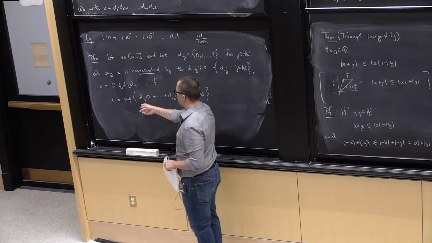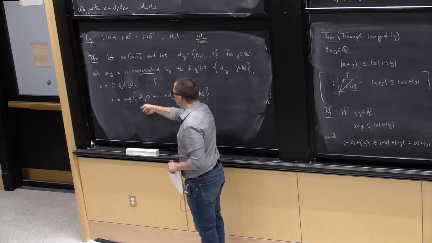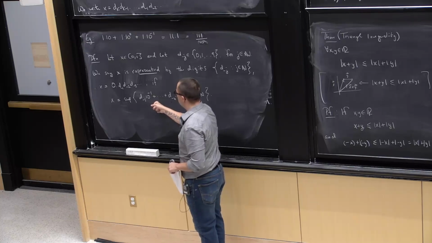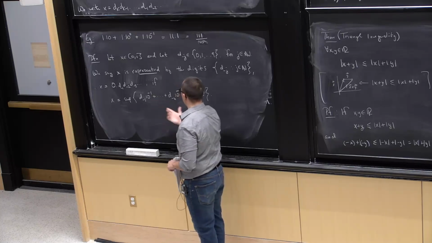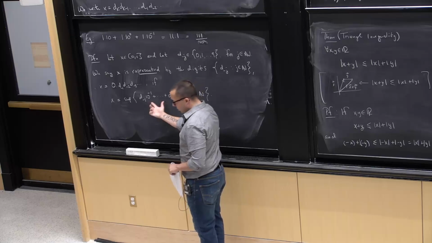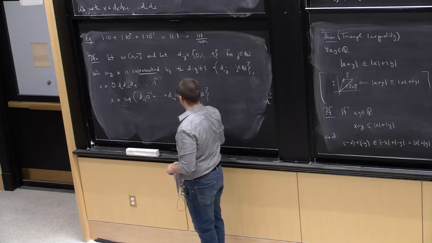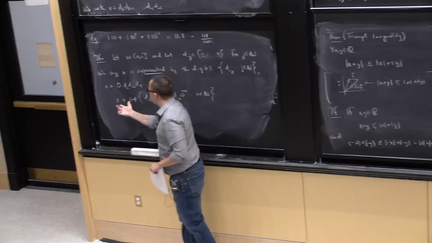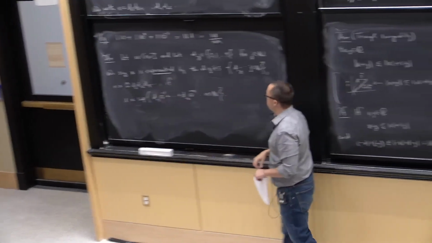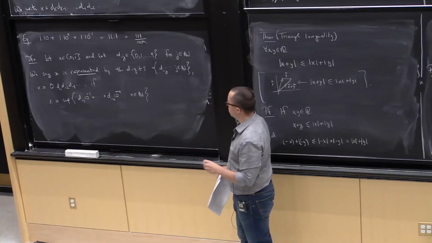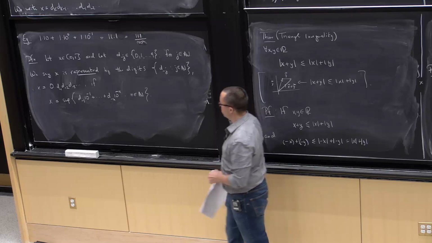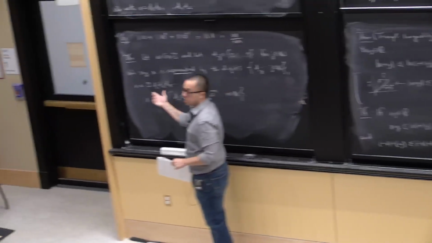The first one is just d_{-1} times 10 to the minus 1, and then for n equals 2, I tack on the hundredths place, and then the thousandths place, and so I get a set of real numbers. If I take its supremum and I get x, then I say that x is represented by these digits, or that this gives a decimal representation of x.